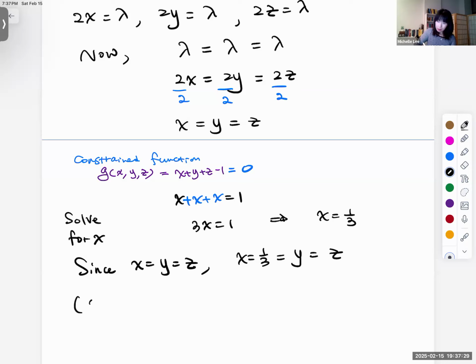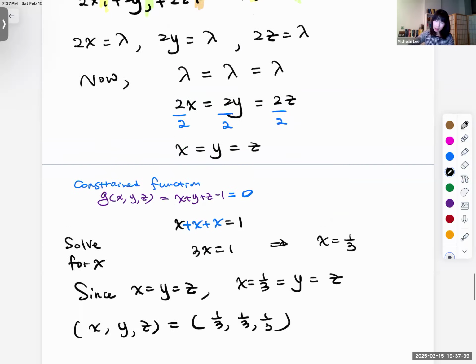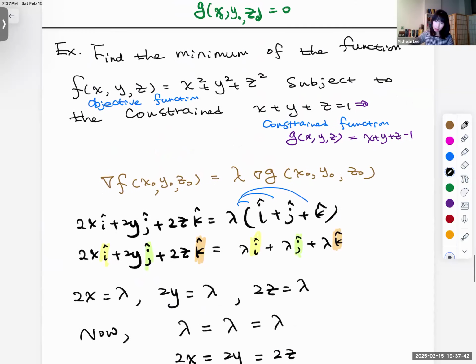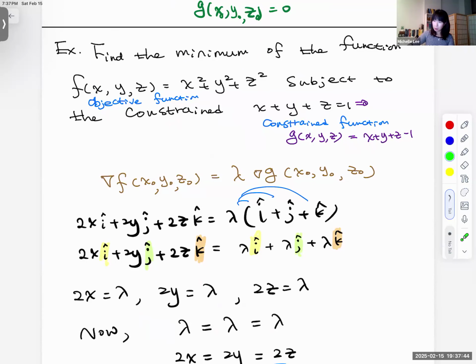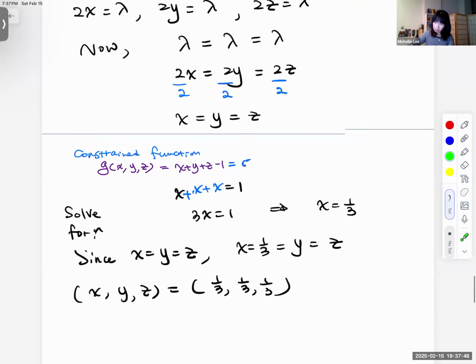So we have (x, y, z) equal to (1/3, 1/3, 1/3). Make sense? All right, let's evaluate. Is it a minimum? Yeah, it's a minimum.